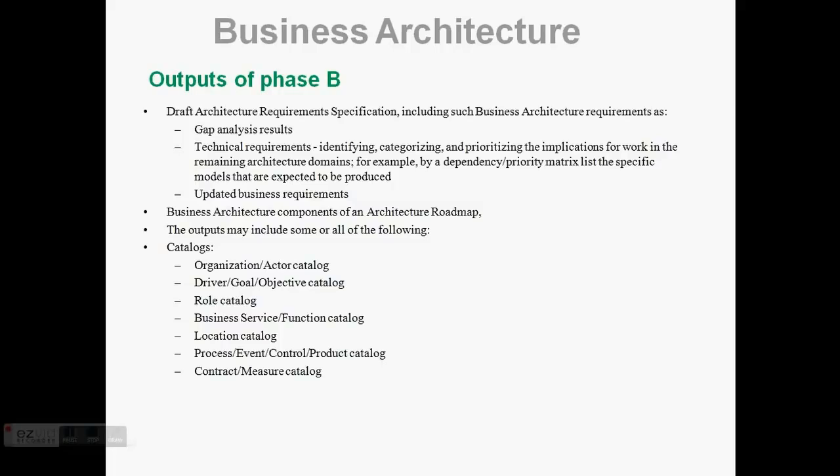In an architectural requirements specification, we can mention things such as the gap analysis results and technical requirements to identify, categorize and prioritize the implications for work in remaining architectural domains. Also, to update the business requirements.